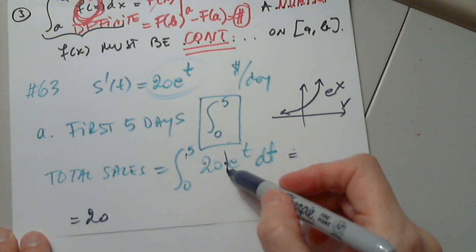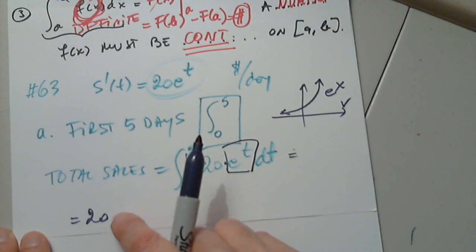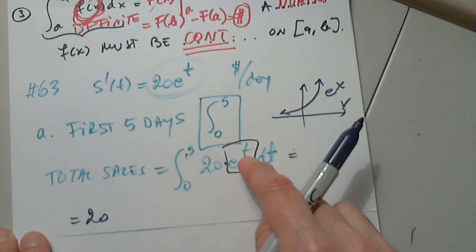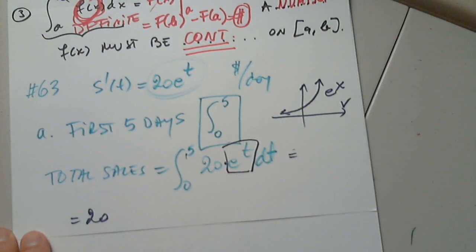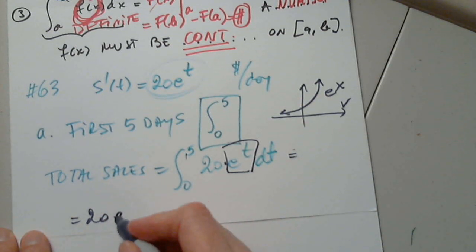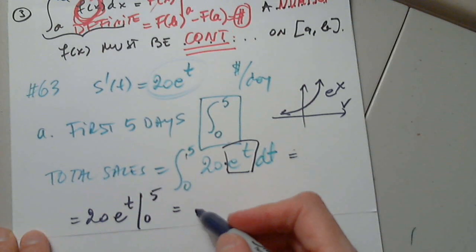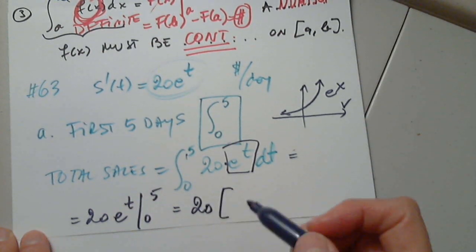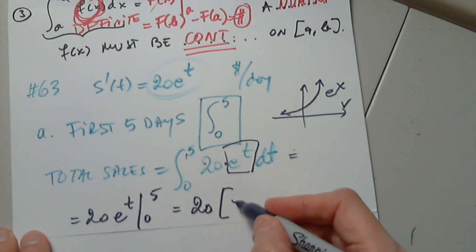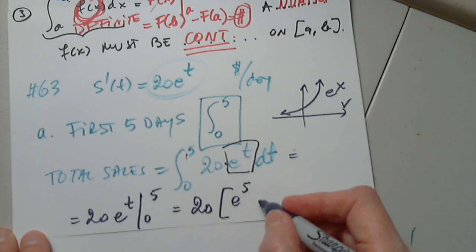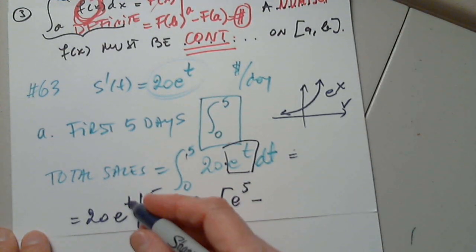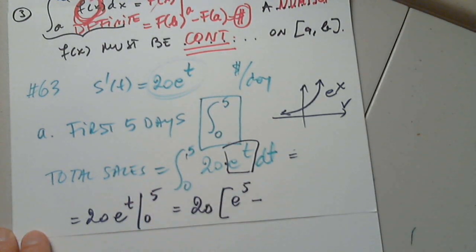So we have here e to t. Which function do I differentiate to get e to t? e to t, of course, e to t. And from 0 to 5. Keep the constant outside. I plug in 5. I get e to the 5th power minus, when I plug in 0, how much is e to 0?